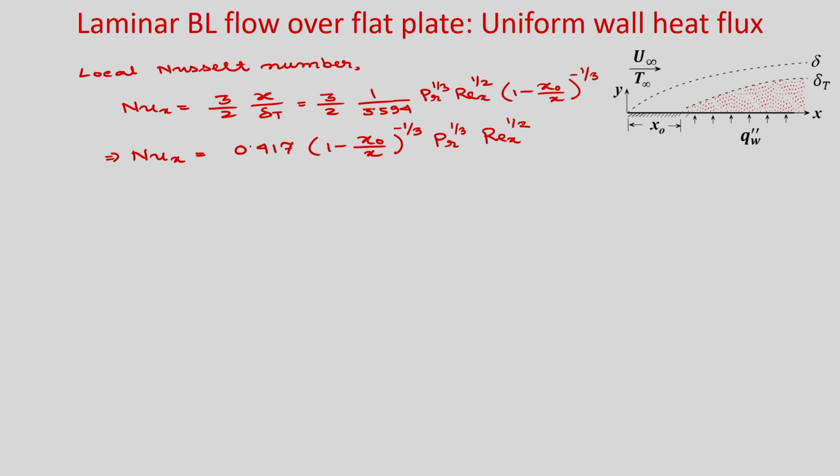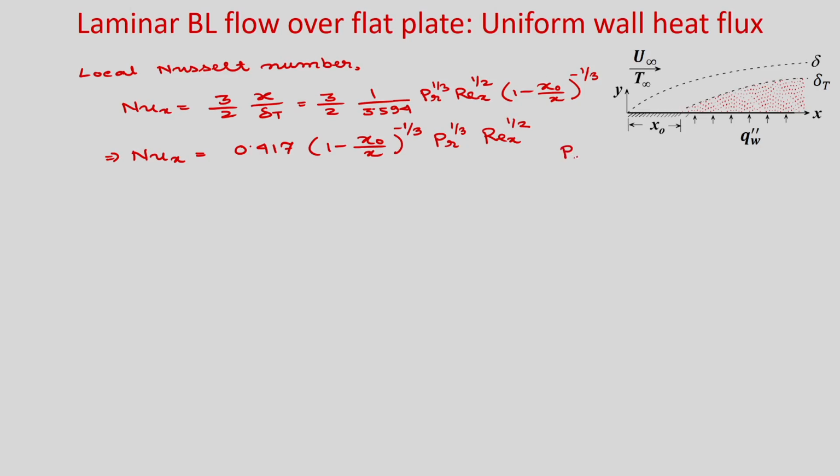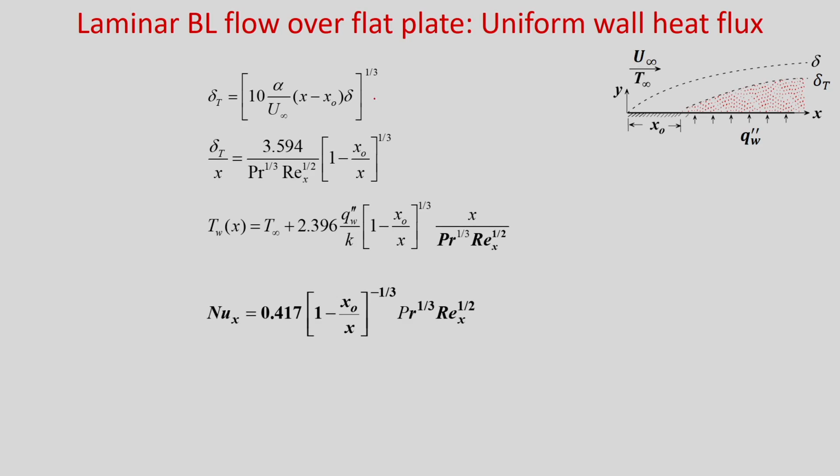Okay. So, this is the Nusselt number expression we have found for Prandtl number greater than 1 using the approximate method, because we have approximated the velocity profile as well as the temperature profile. So, this is valid for Prandtl number greater than 1, okay, because we have assumed delta t is less than delta. So, you can see we have finally derived in today's class this delta t in terms of hydrodynamic boundary layer thickness delta.